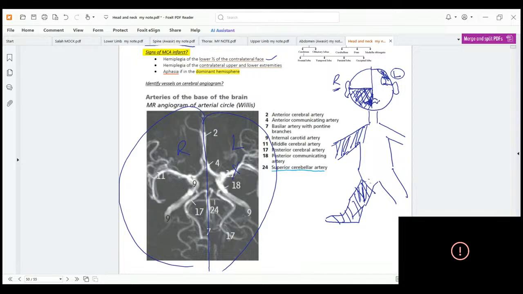Hemiplegia of the lower half of the contralateral face. Hemiplegia of the contralateral upper and lower extremity. And aphasia in the dominant hemisphere.